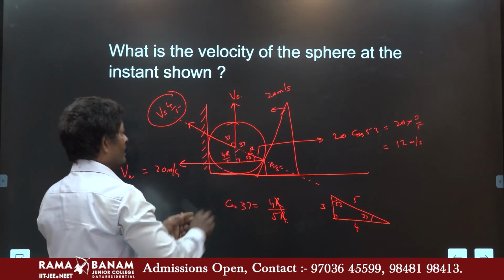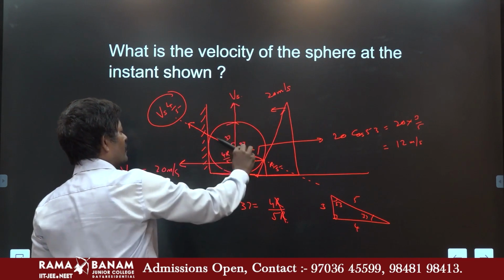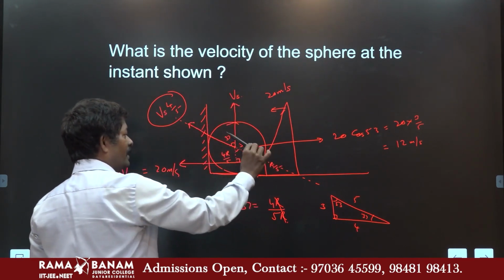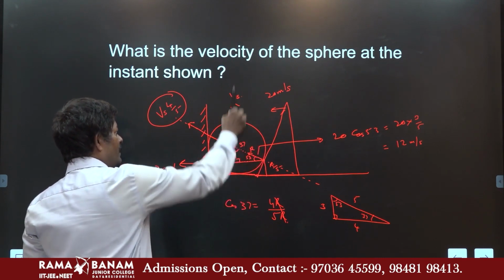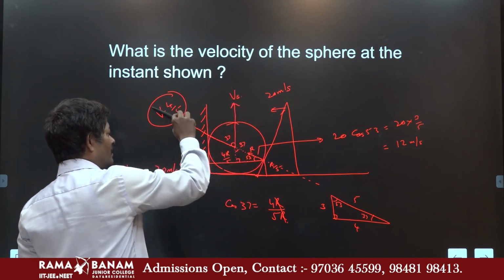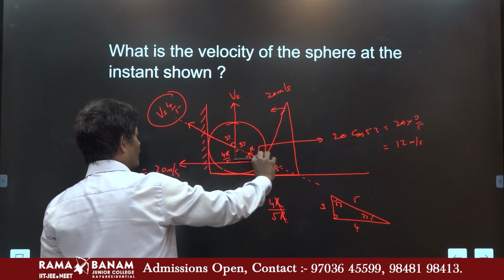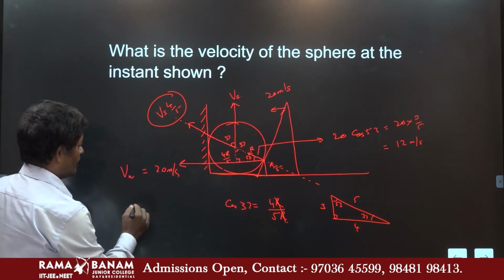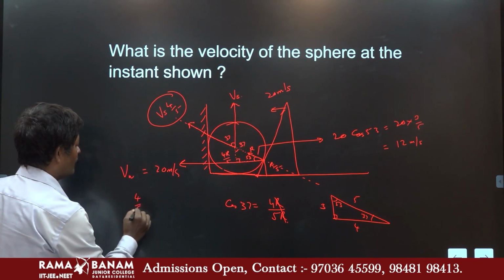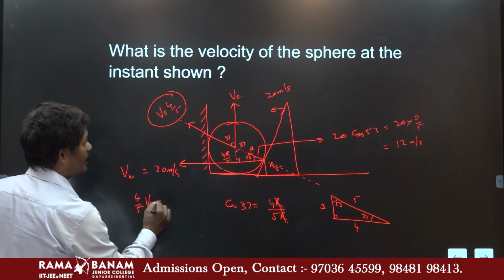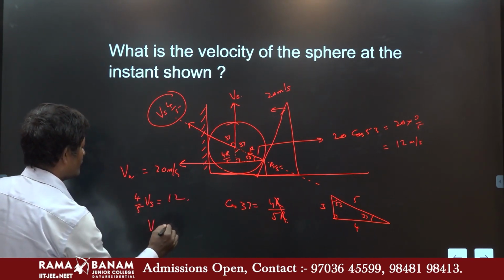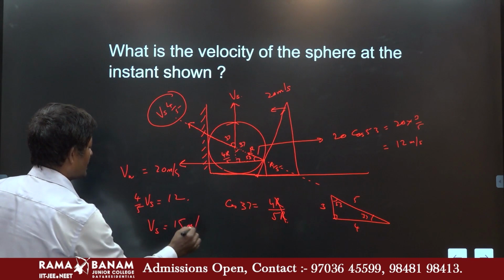Again I am repeating, Vs cos 37 should match with Vw cos 53. That is what the method is. So 4 by 5 Vs should be equal to 12. So Vs is 15 meters per second.